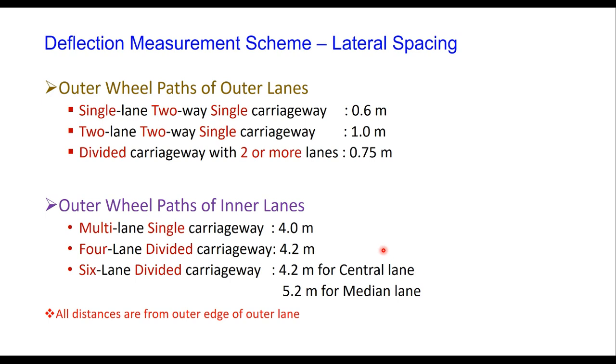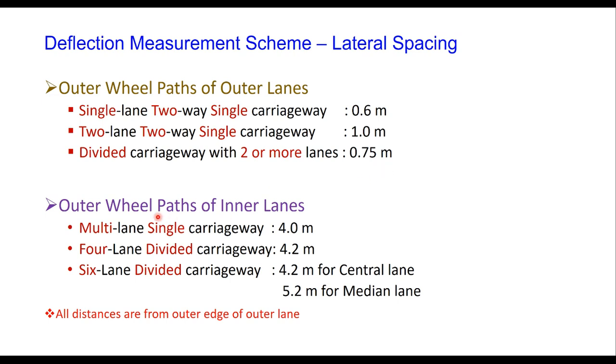In terms of lateral spacing, for the outer wheel path of the outer lane in case of single lane, 2-lane single carriageway, it is 0.6 meter. In case of 2-lane, two-way single carriageway, it is 1 meter. And in case of divided carriageway with 2 or more lanes, it is 0.75 meter.